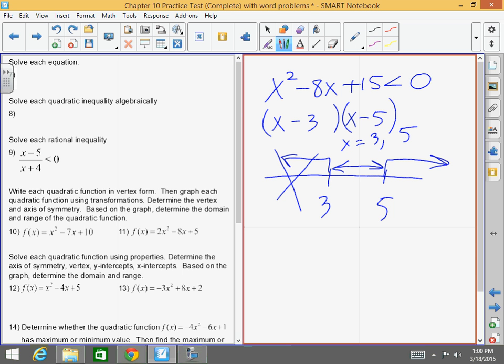Is negative 1 less than 0? Yes. Let's go to the right. Let's do 6. 36 minus 48 plus 15. That's 51. So 51 minus 48 is positive 3. Is that less than 0? So my answer is 3, 5.